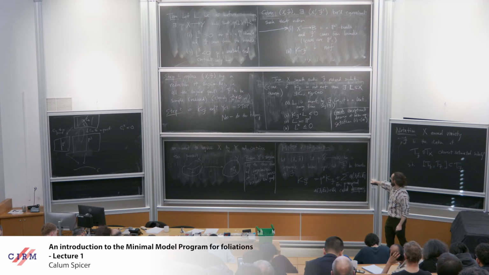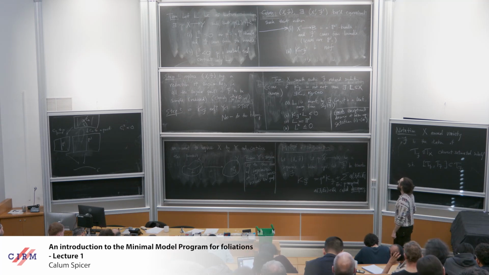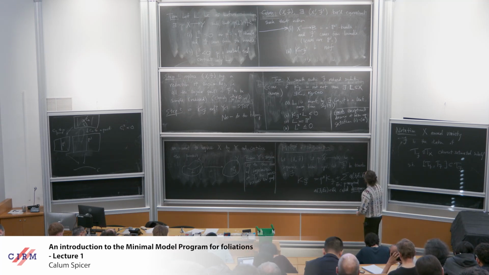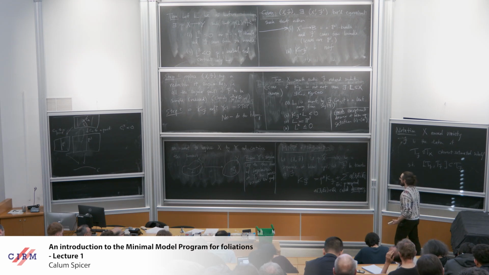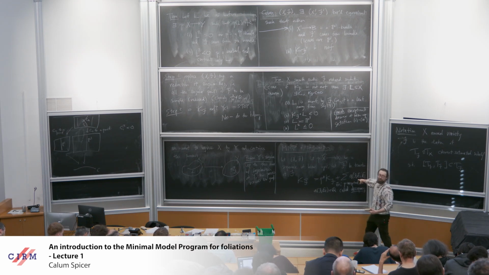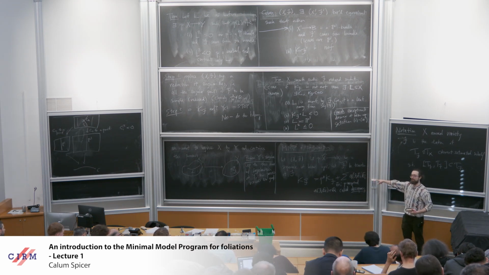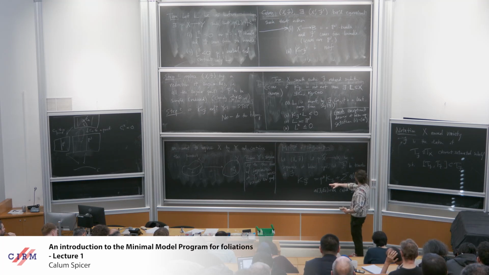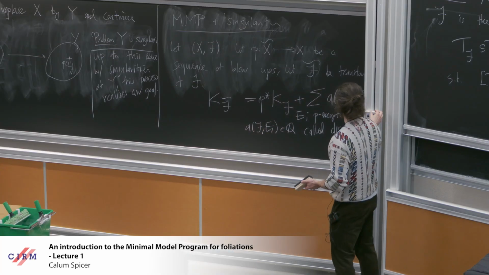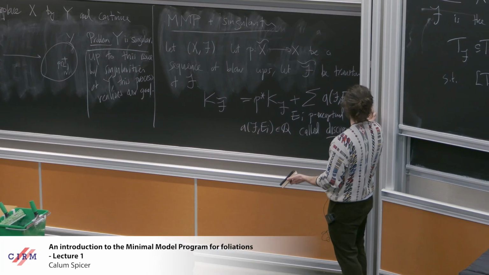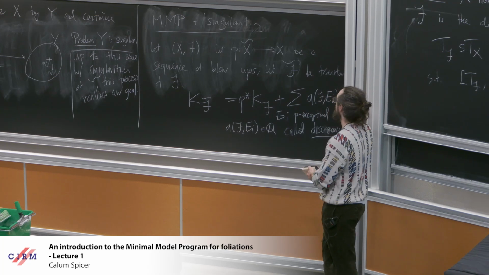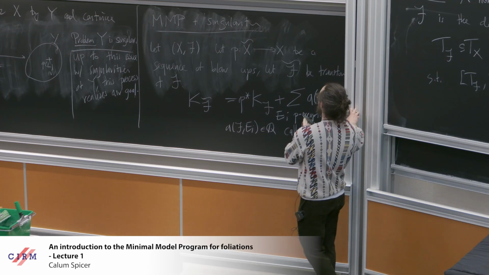So we cook up a bunch of these numbers. And the idea with the MMP perspective on singularities is that it's these numbers which we should look at to understand singularities. These are the key. So to every valuation, we have this number we associate to it. And the MMP perspective is to study singularities using these numbers.